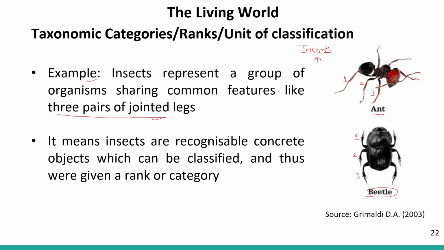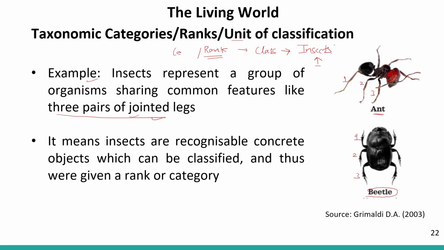So you can say that this group, insects, has been given one rank. Suppose it has been given the class Insecta, which includes all the insects with 3 pairs of jointed legs. It means it has been given a rank, or you can say a unit of classification, or a level.